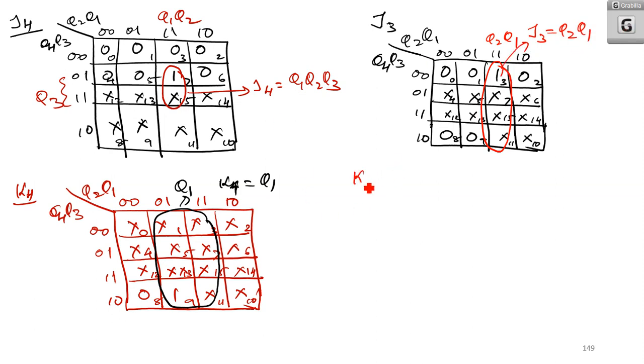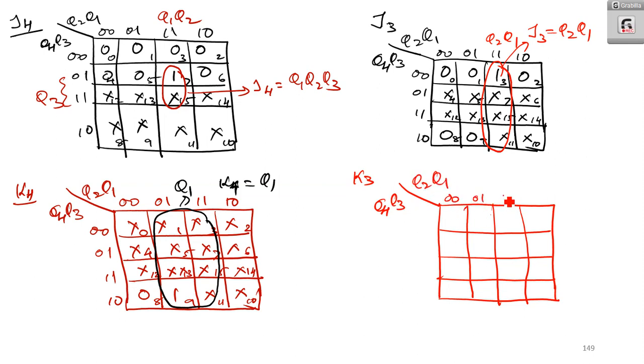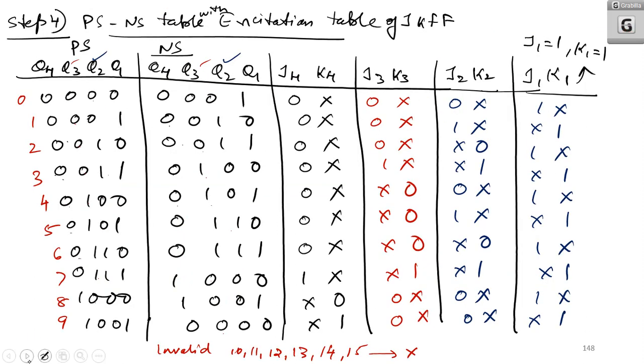Now I need to find the expression for K3. Again I am drawing a 4 variable K-map with Q4, Q3, Q2, Q1 and the codes 0, 0, 0, 1, 1, 1, 1, 0, numbered 0 to 15. For K3, cells 0, 1, 2, 3 are don't care.